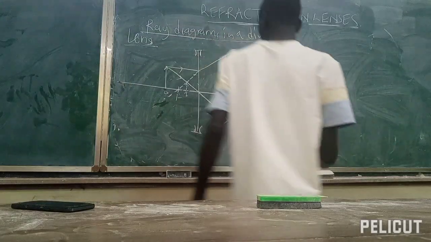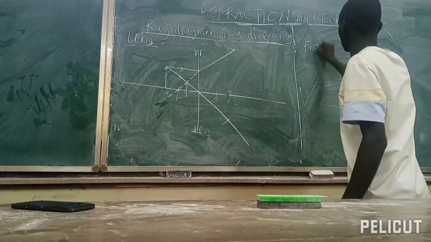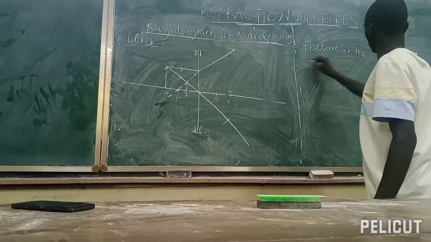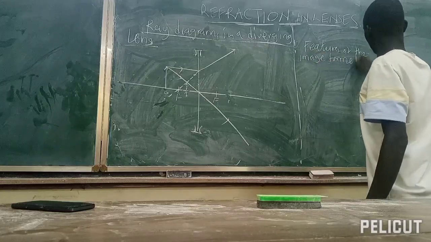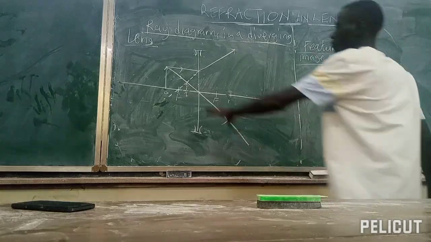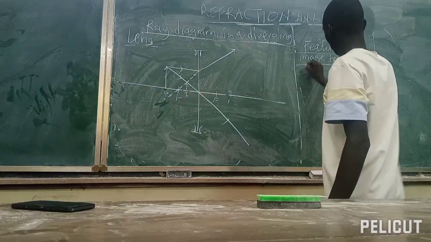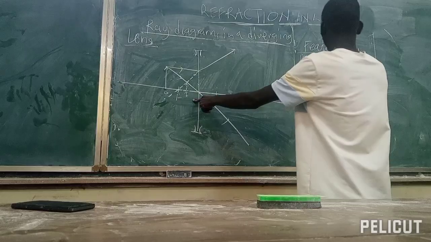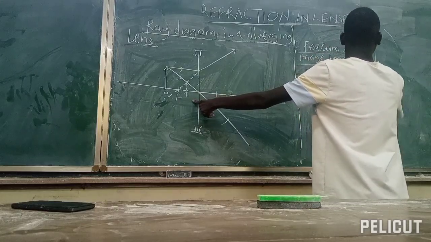So when you look now at the features of the image formed, this one does not mind. Whenever you put your object, the features will be the same. The image will be small. As you see here, this is our object, this is our image. The image is small or diminished.